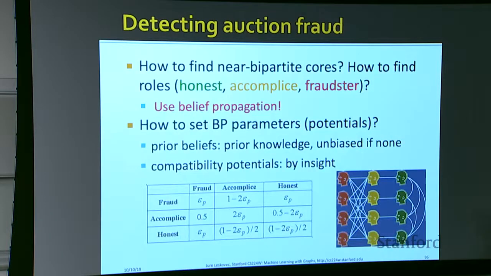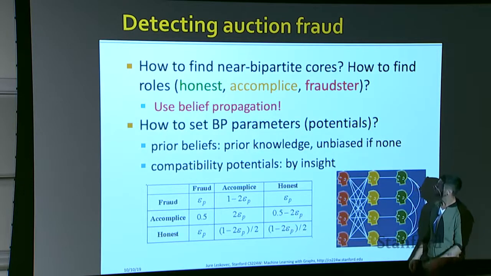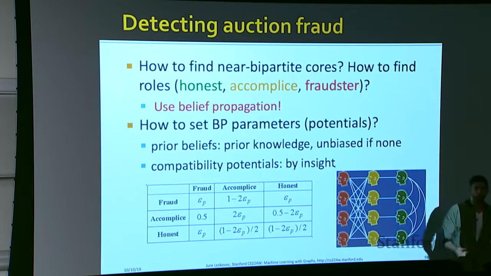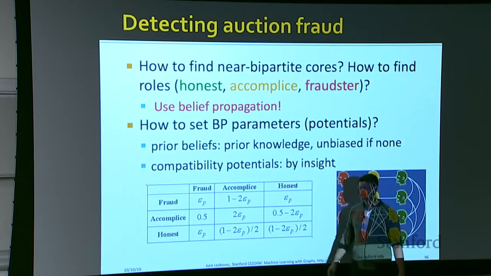So now how do we find the components of these near bipartite cores, okay? How do we find the honest users, accomplices, and fraudsters? In this paper they use belief propagation, and for our label potential matrix, as I was mentioning before, rather than needing to learn it, they just set their prior beliefs on the values, okay?